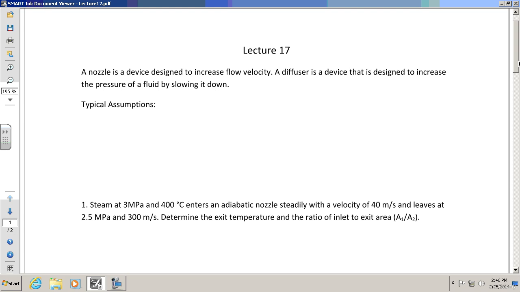Some typical assumptions we're going to make. We like to simplify. First of all, we're going to assume that nozzles and diffusers do no work. They don't really do any thermodynamic work. That's not the point.